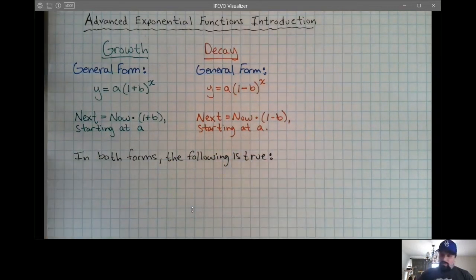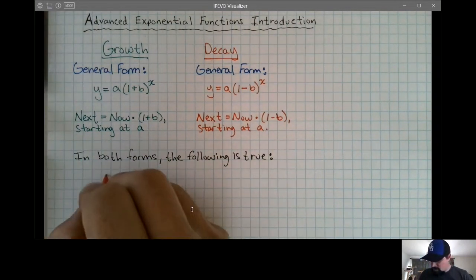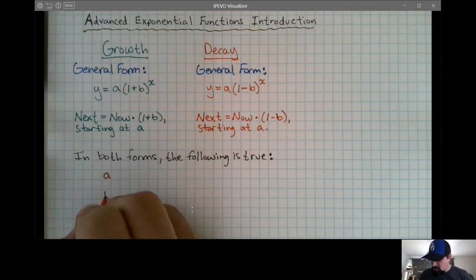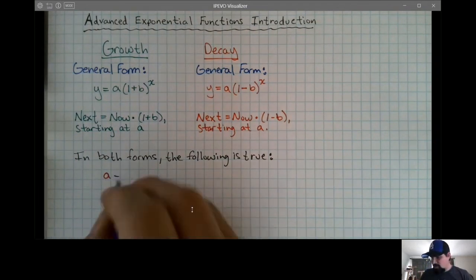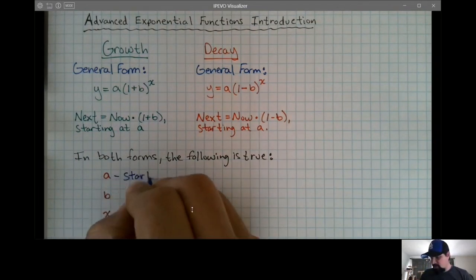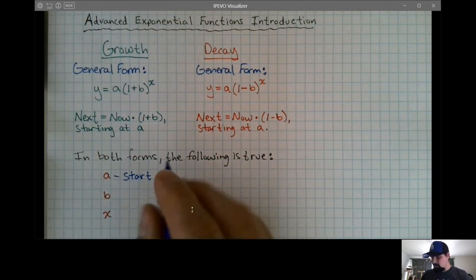All right. We have a, b, and x in both of them. a will be the start value, just as it has been in our basic exponential functions.